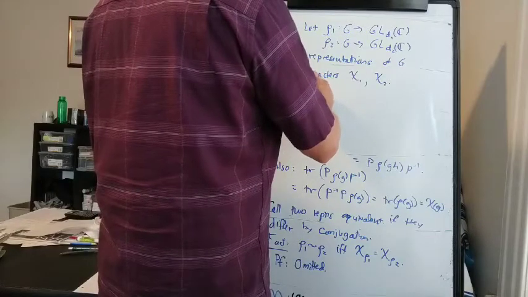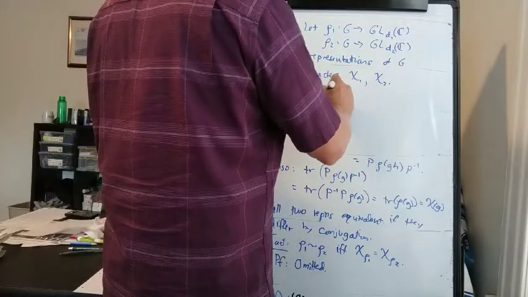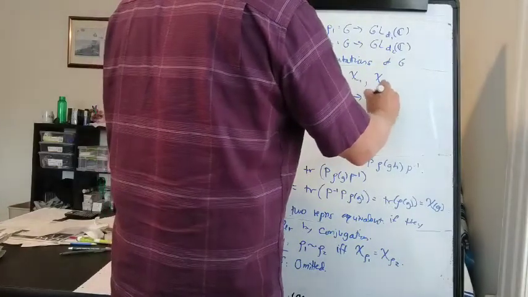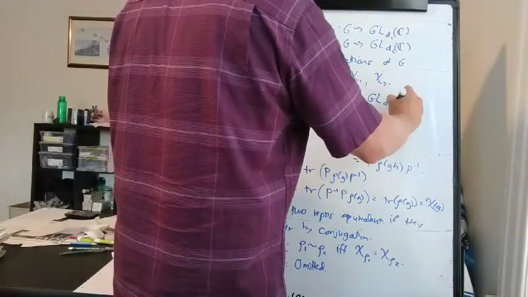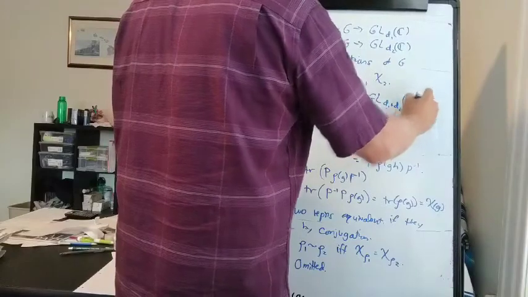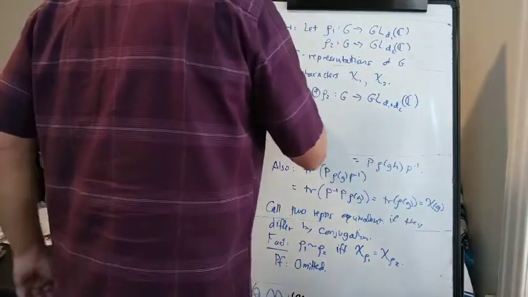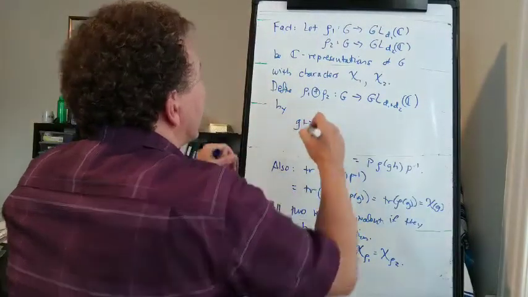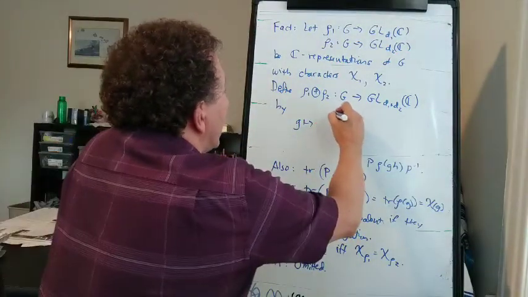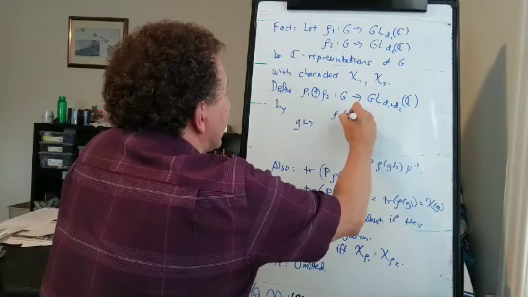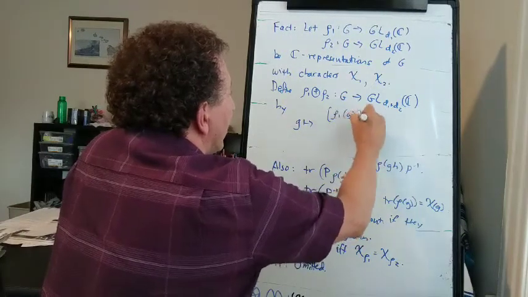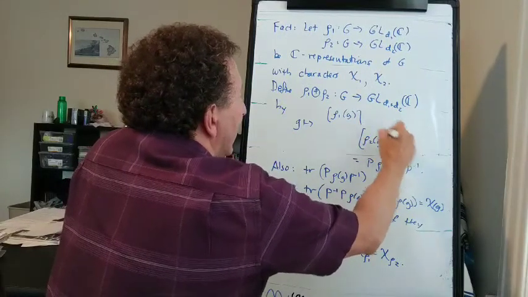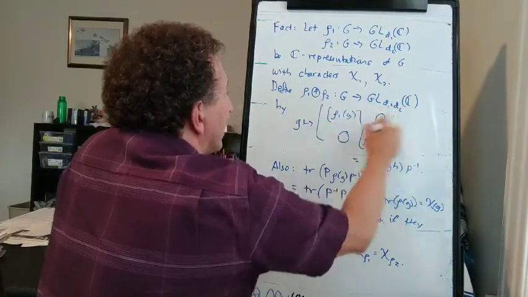Now let's define row 1 direct sum row 2 to be a map from G to GL D1 plus D2 C by sending this element G of the group to the block matrix that we make by putting row 1 of G there and then row 2 of G here, and then zeros everywhere else.